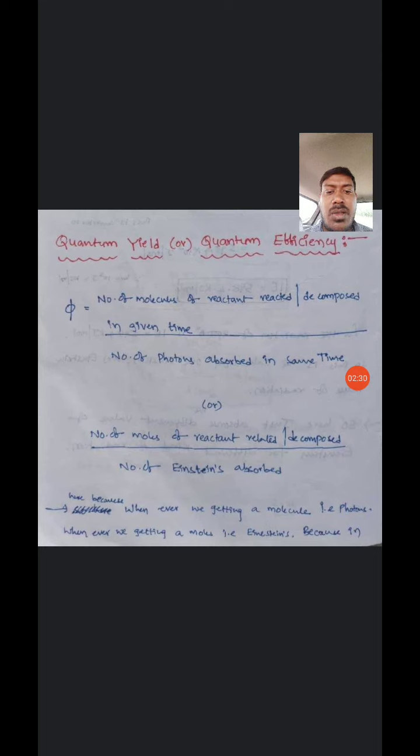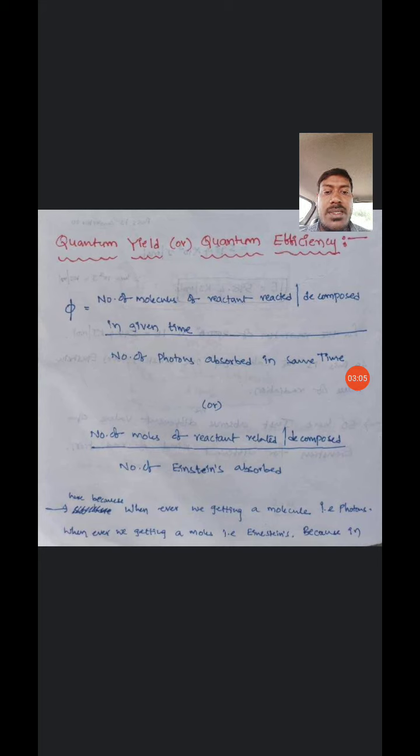Or the quantum yield or quantum efficiency phi is the number of moles of reactant reacted or decomposed divided by the number of Einsteins absorbed.